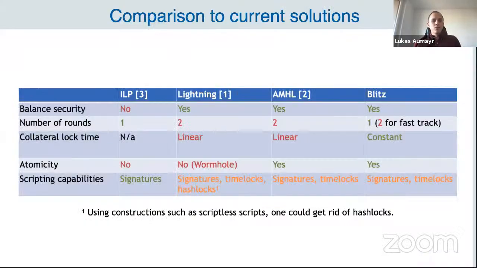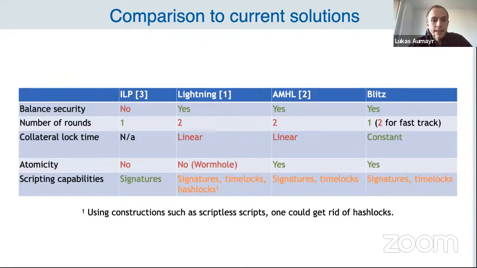First, let me compare this to some current payment solutions. I've already shown you this interledger payments, the ILP, which actually achieves the payments in one round, but of course it doesn't have the balance security.